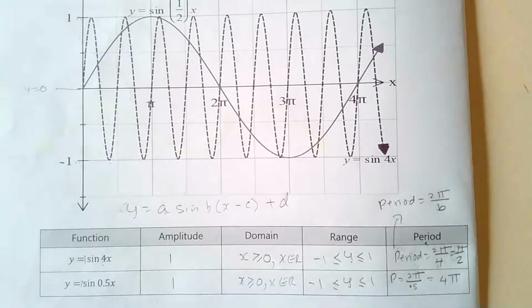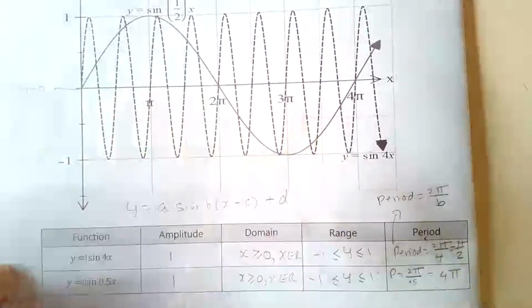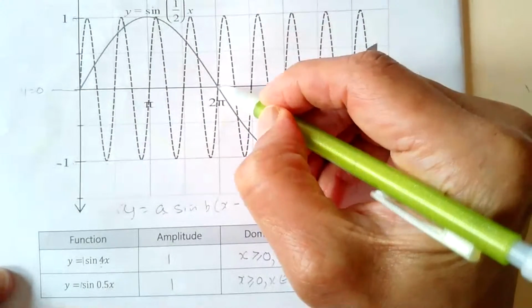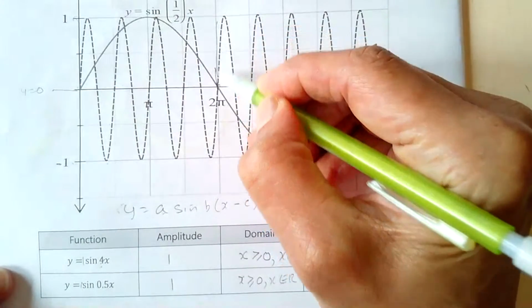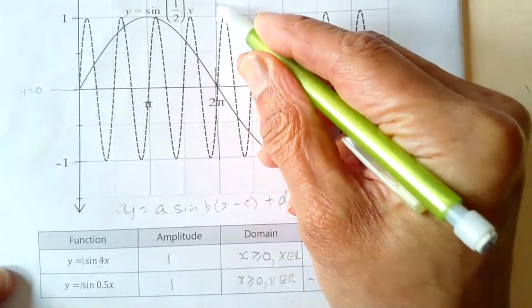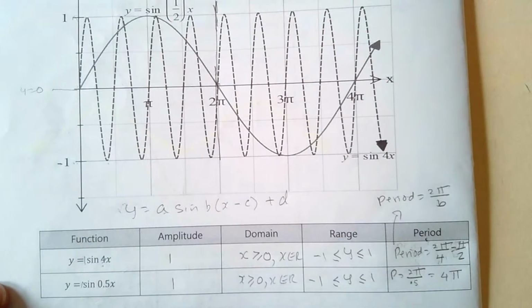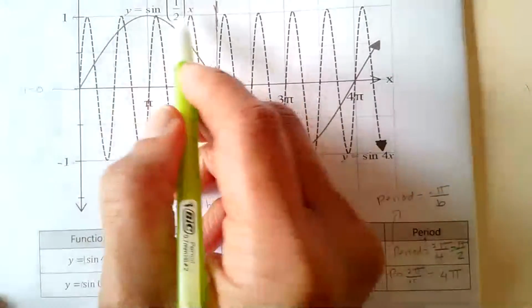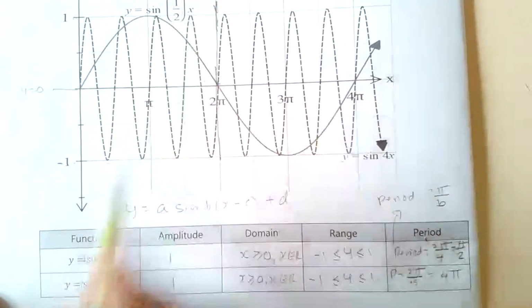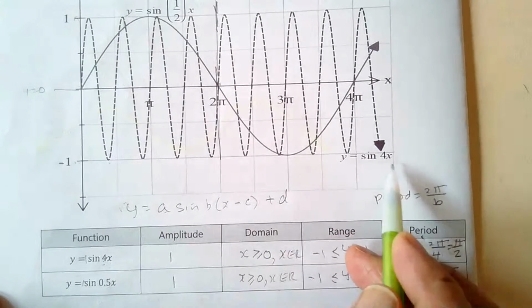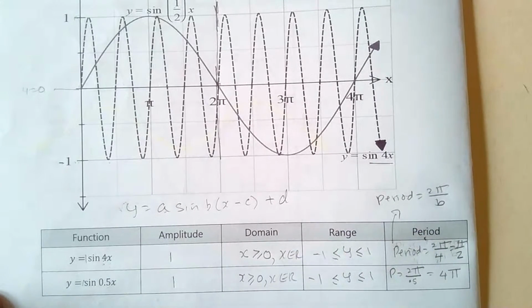Now let's look at the diagram. Remember, 2 pi is a standard. So if you look at 2 pi, which is one circle, and you want to find, in this first graph, we're looking at sine 4x.